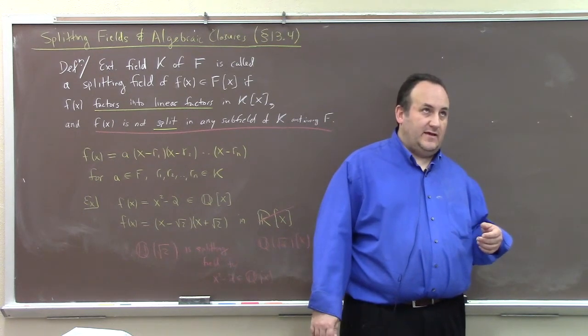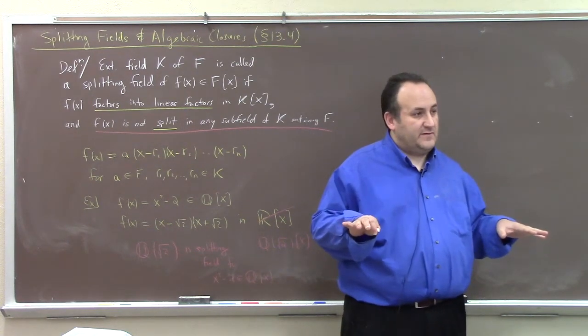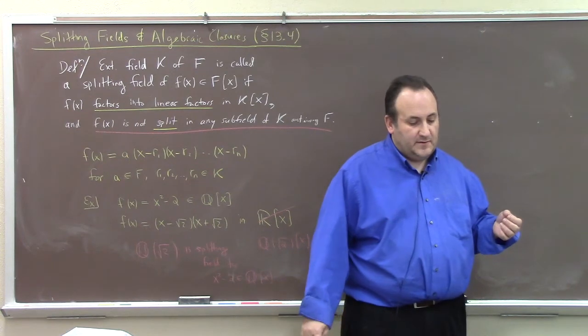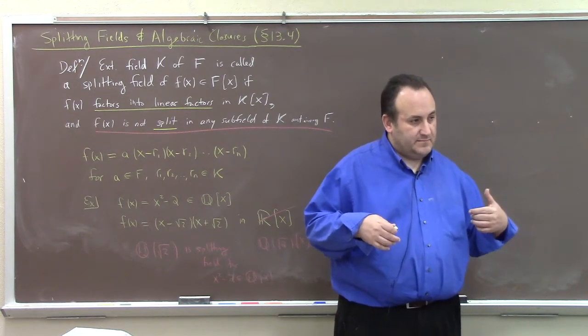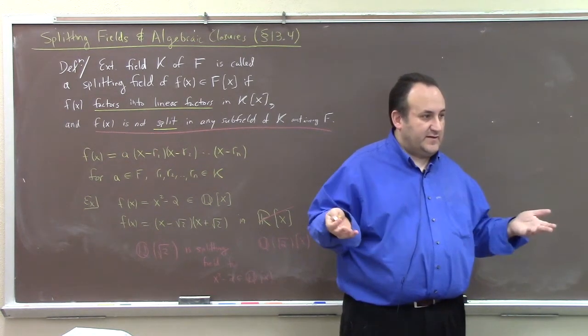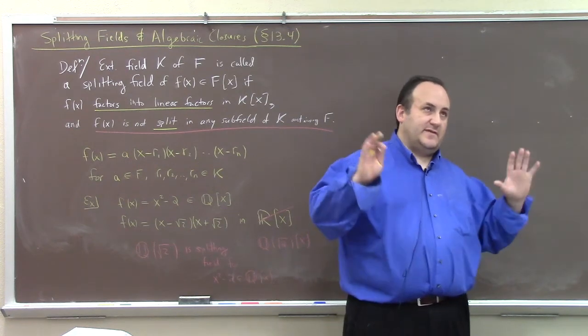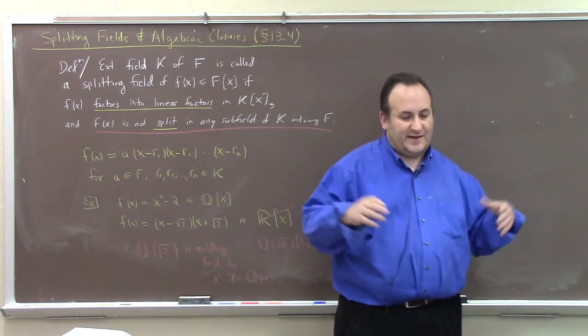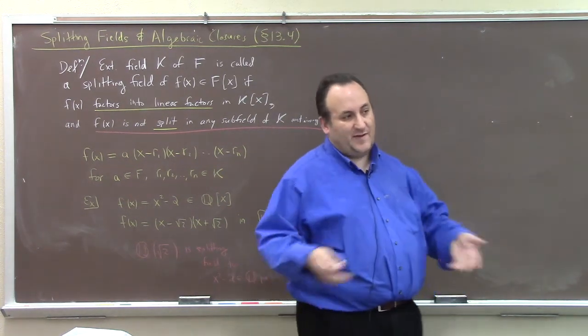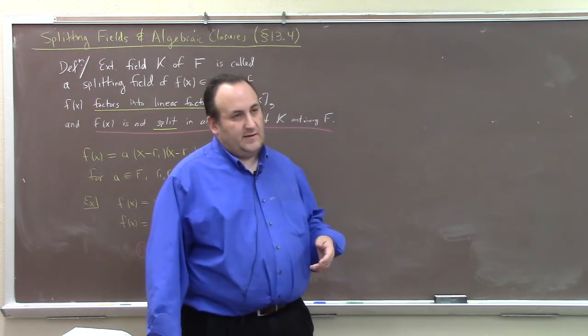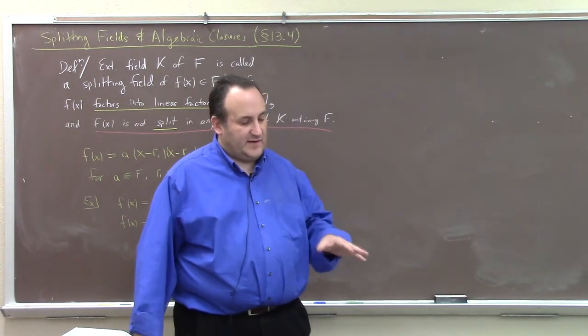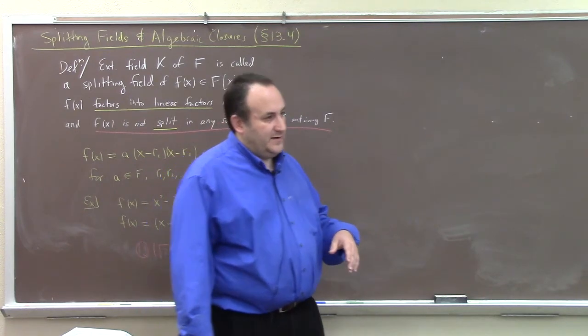So any splitting field I find for a given rational polynomial is a proper subfield of the complex number system, right? So the complex number system, for rational polynomials, has all possible splitting fields for all possible polynomials. And what he describes in this section also is a way to do something similar for an abstract field.